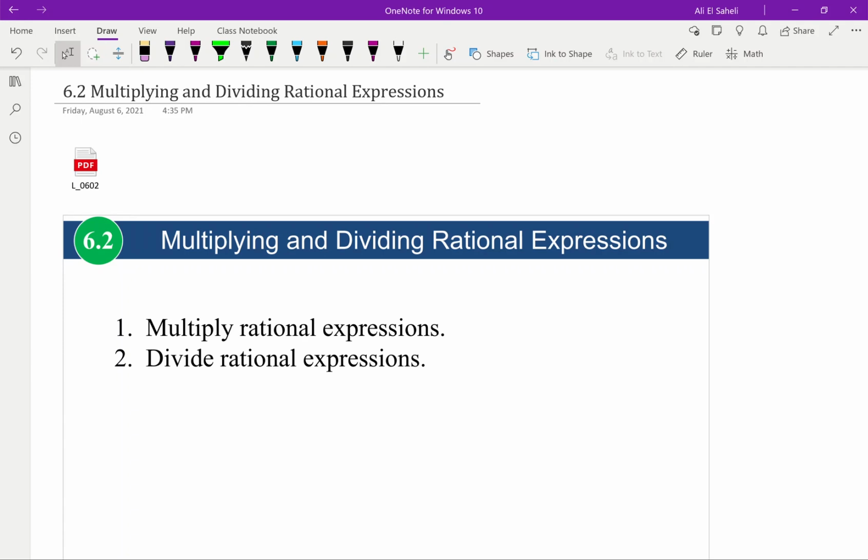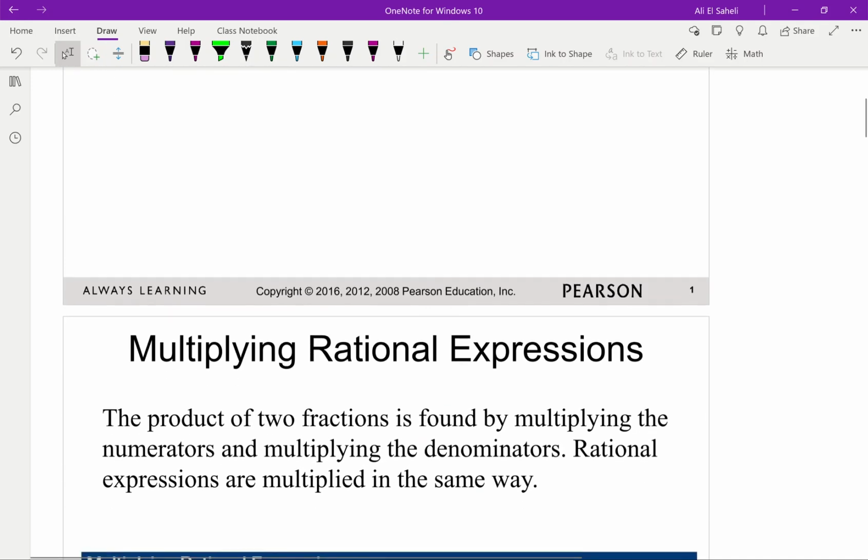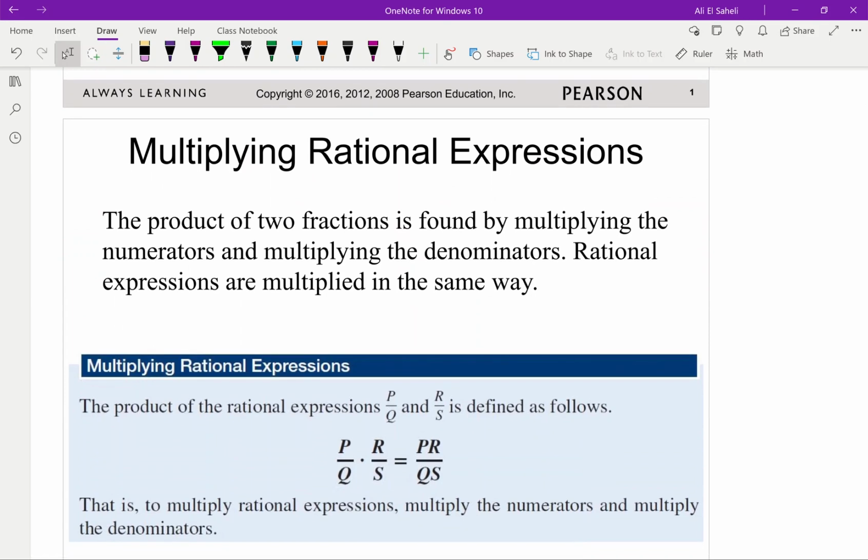In this section we will learn how to multiply and divide rational expressions. Multiplying rational expressions. The product of two fractions is found by multiplying the numerators and the denominators respectively.